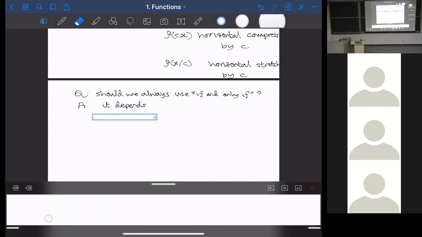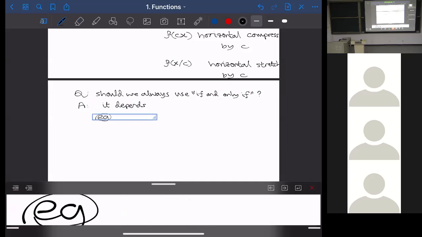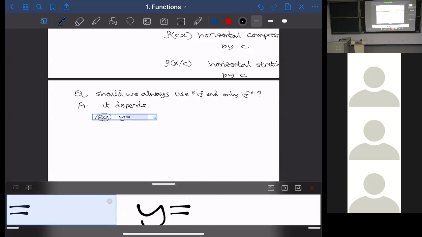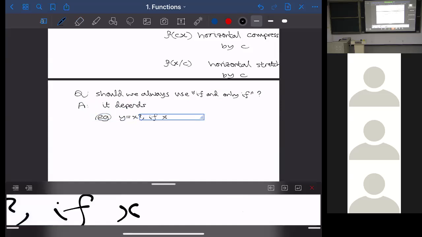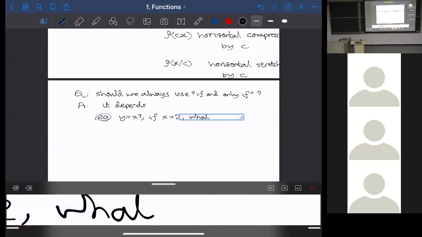So for example, a very simple question. y equals x squared. If x is 2, what is y?